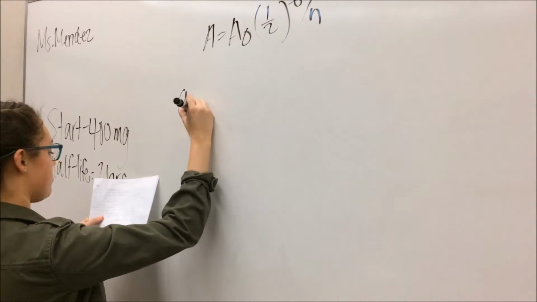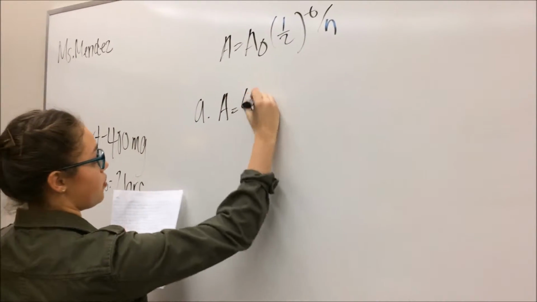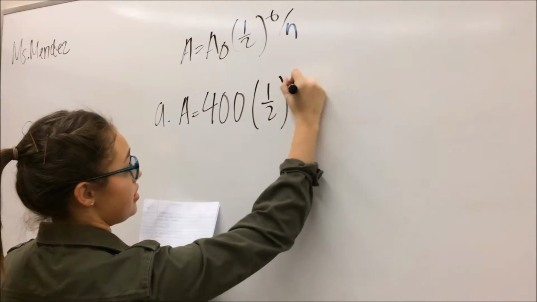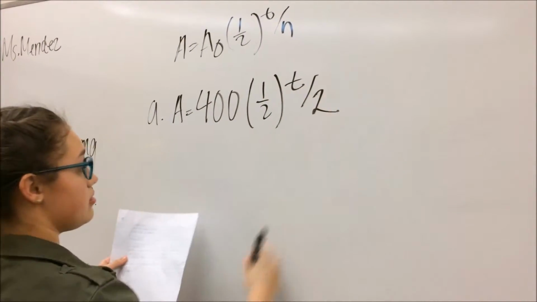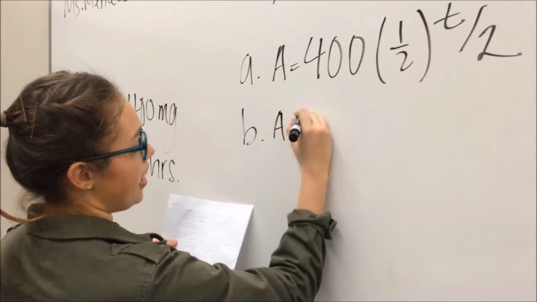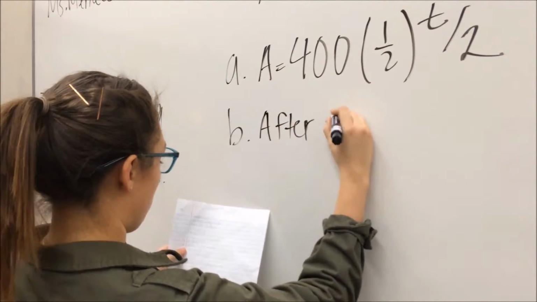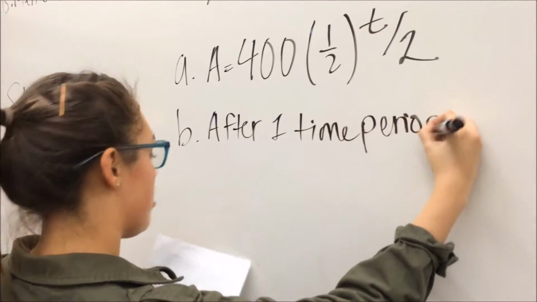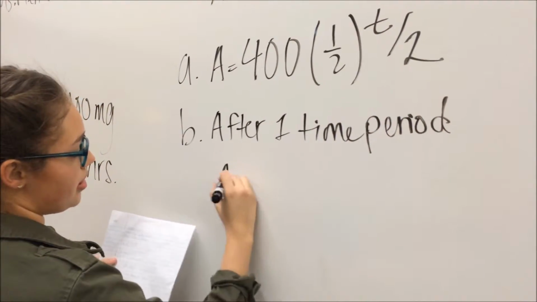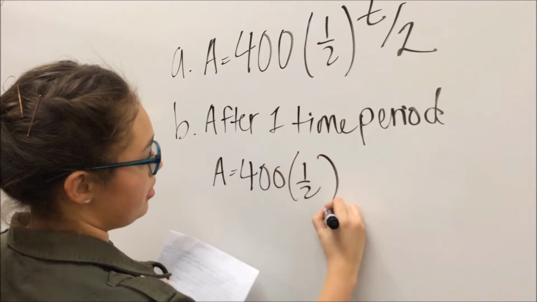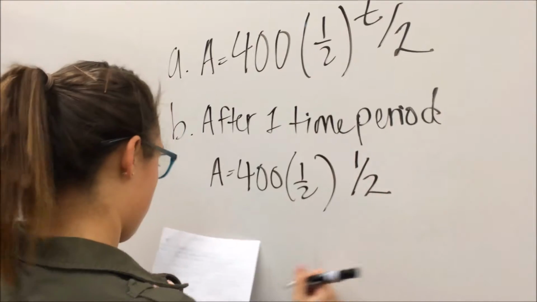So part A. A equals 400, which is your start amount, 1/2 to the T over 2. Part B. You're going to do it after one time period. Then you restart with your equation, but plug in 1. So it'll be A equals 400, 1/2 to the 1 over 2.